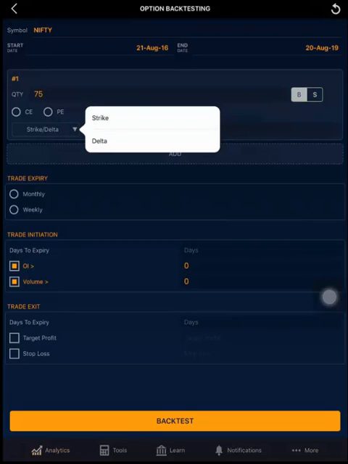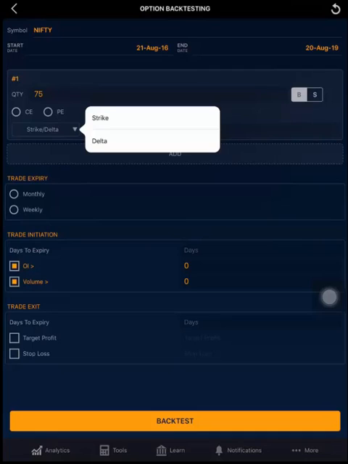Coming to the strike, when you say strike, 0 means at the money, and a positive number means above. When I say 1, it means one strike above the at the money. When I say 2, it means 2 strikes above at the money. Similarly, when I want a strike below, I will say -1, which means 1 strike below the at the money.